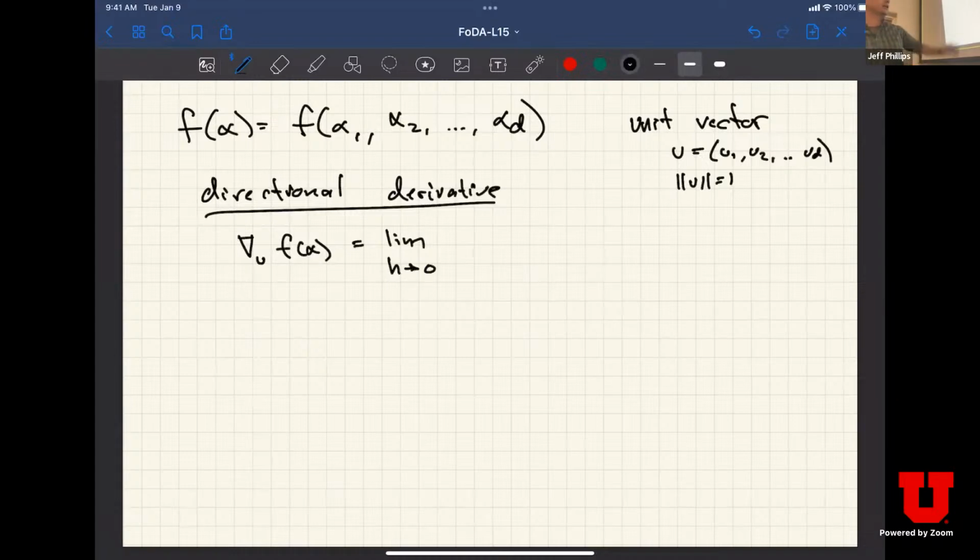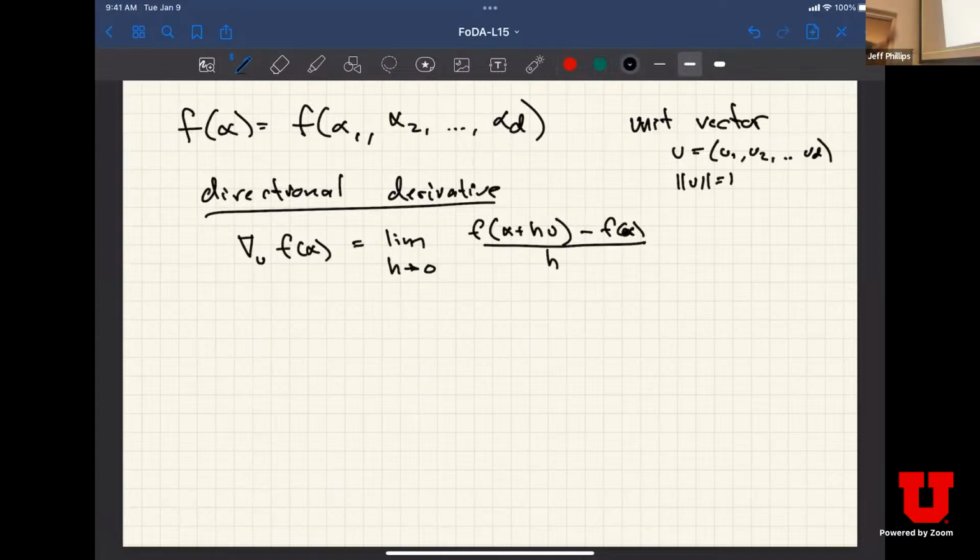We're going to take a limit of some value h as it goes to 0. We're going to say f of alpha plus h times u, because my input is now d-dimensional, so I need to move in a direction u by a distance h. That distance h is going to 0, minus the original function value at alpha, divided by h.